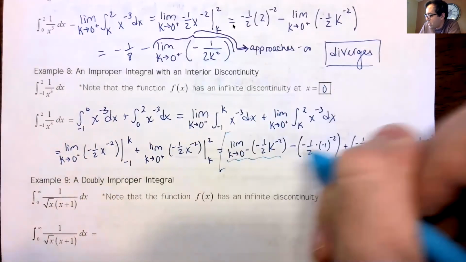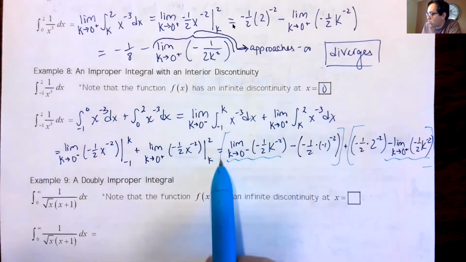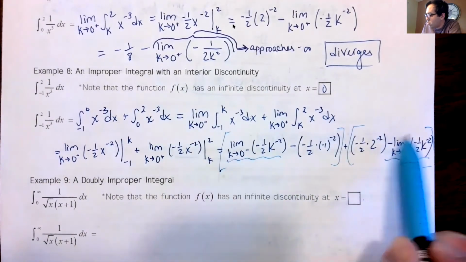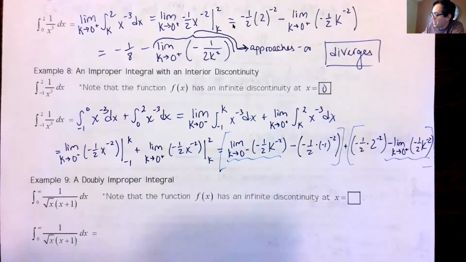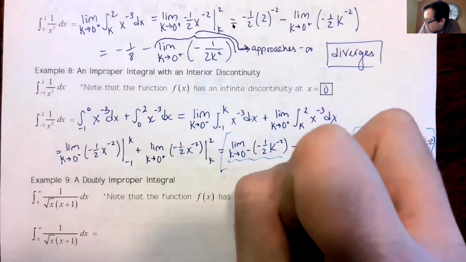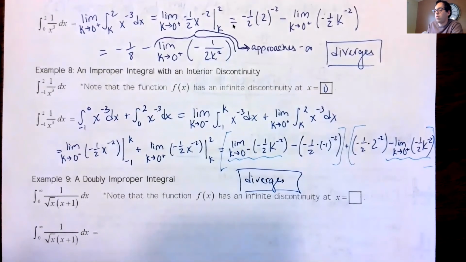We want to think of these still in their separate forms. And since this one is going to not work and this one is also going to not work, overall, the whole thing doesn't work. So this diverges because each part of it approached some form of infinity.